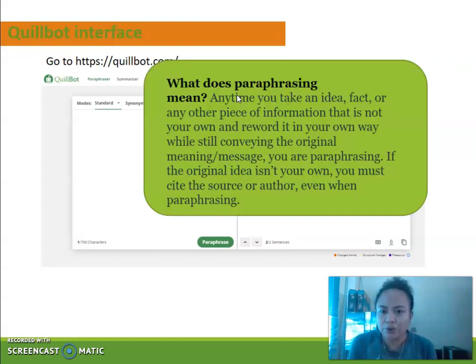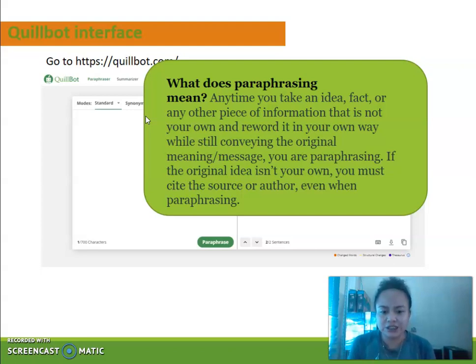paraphraser. So what is paraphrasing? Anytime you take an idea, facts, or any other piece of information that is not your own and reword it in your own way while still conveying the original meaning or message, you are paraphrasing. If the original idea isn't your own, you must cite the source or author even when paraphrasing.